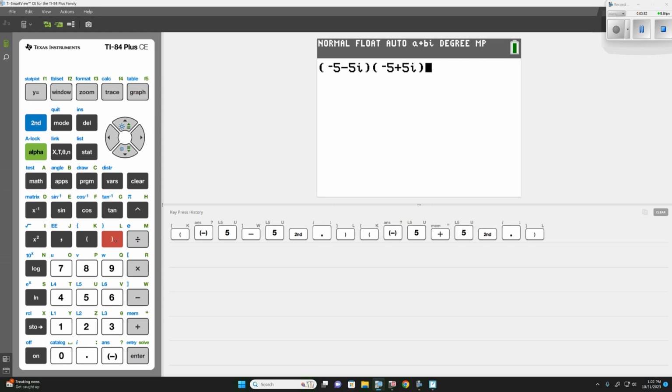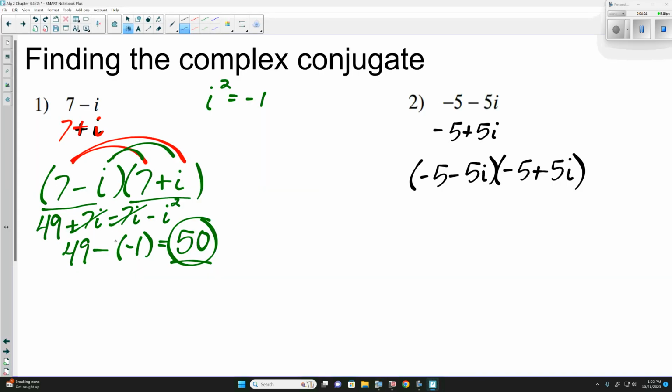We can type these into the calculator and let the calculator do it for us. And incidentally, their product is 50. So here the complex conjugate is negative 5 plus 5i, and their product is 50.